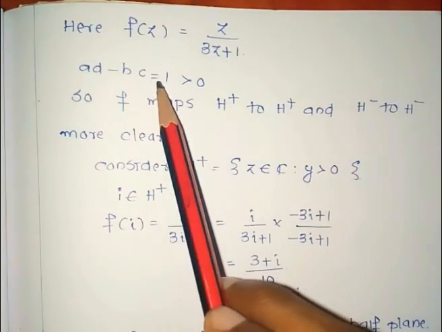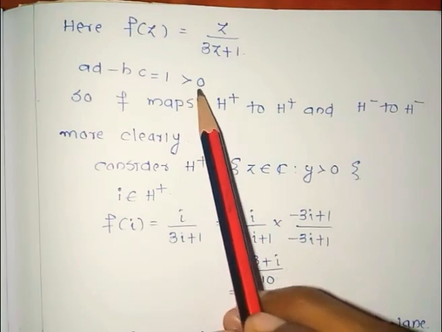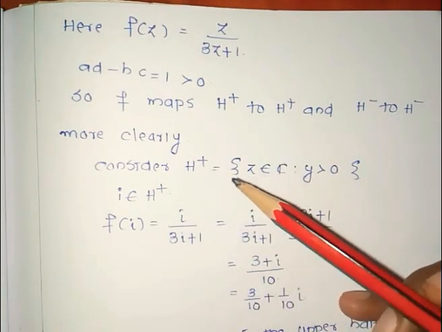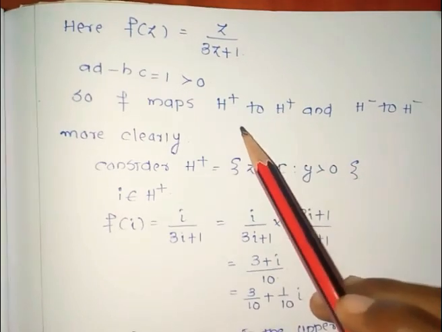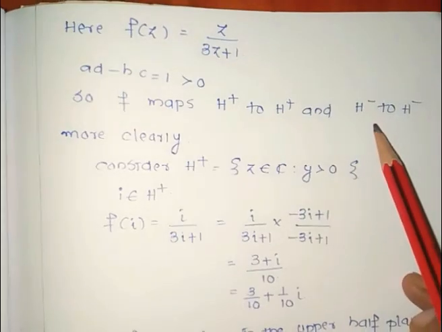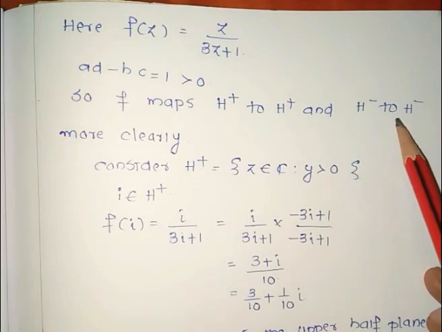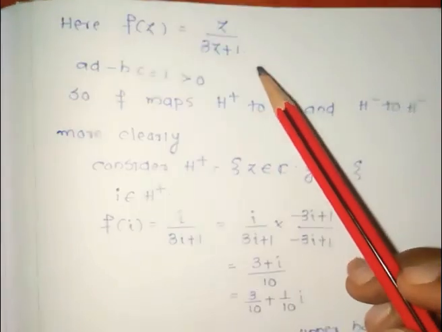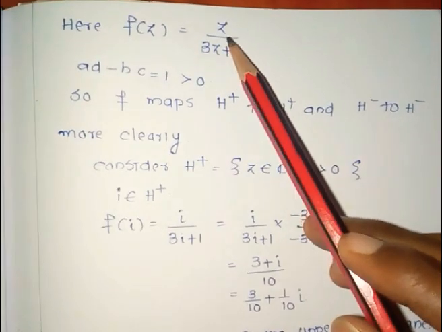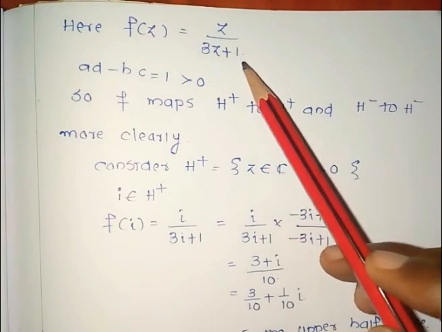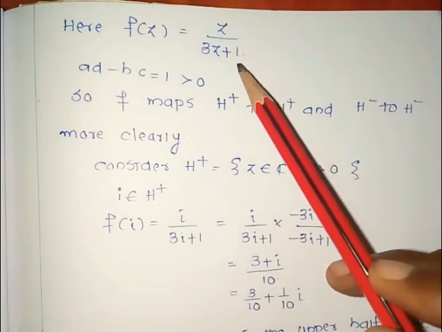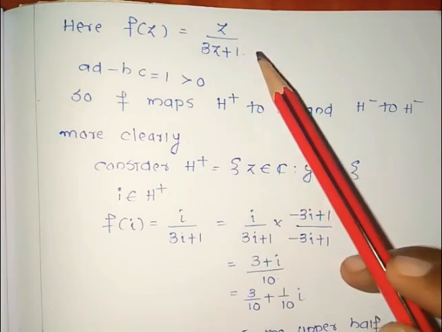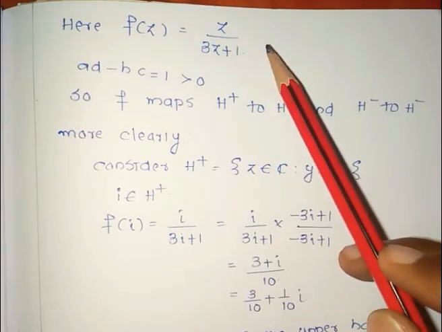Therefore ad − bc is equal to 1, which is greater than 0. Then by using the note, we can say that f maps H plus to H plus and H minus to H minus. Okay, so f(z) = z/(3z + 1) is of the form of a bilinear transformation which maps the real line to the real line.